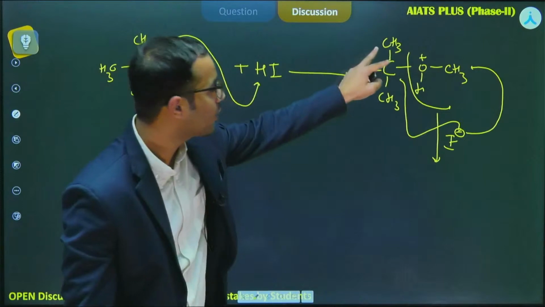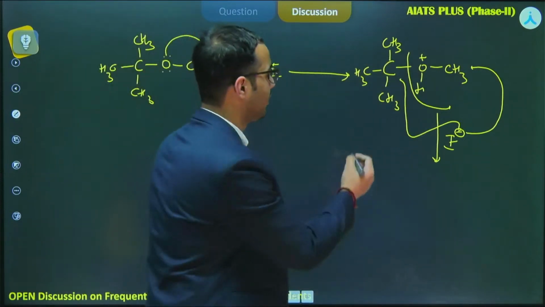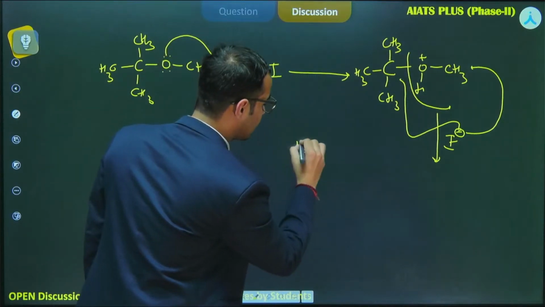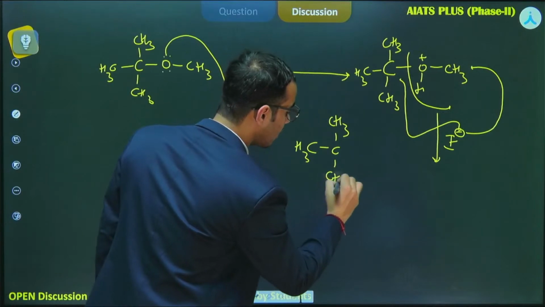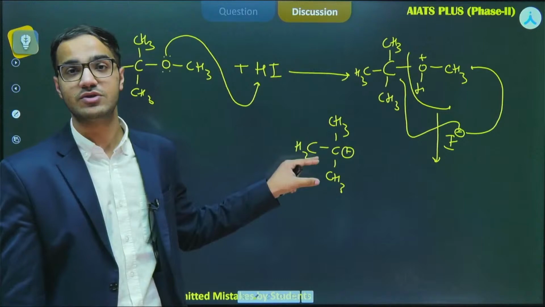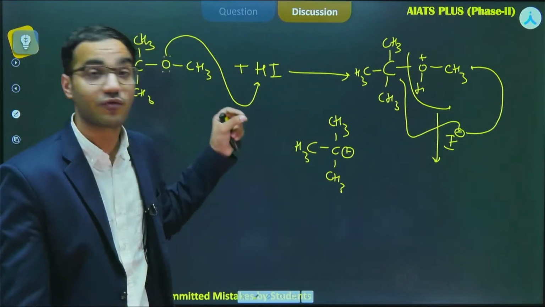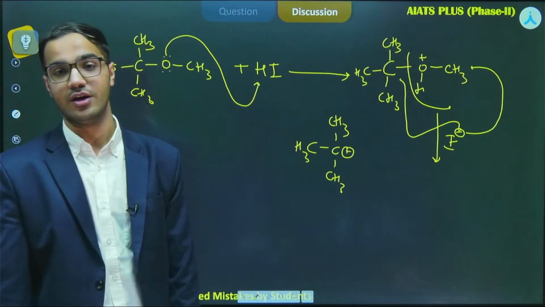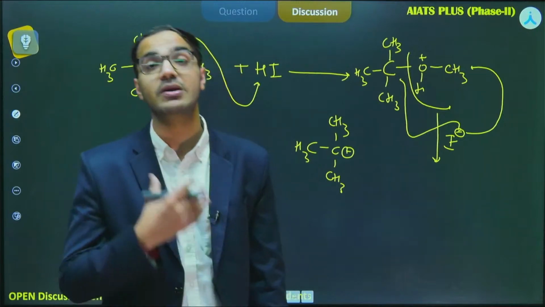Let us say you have this tertiary butyl cation, CH3C, CH3 positive. You can also see that this positive charge is stabilized by how many alpha hydrogens? The number of alpha hydrogens is 9 over here, which makes this carbocation extremely stable.